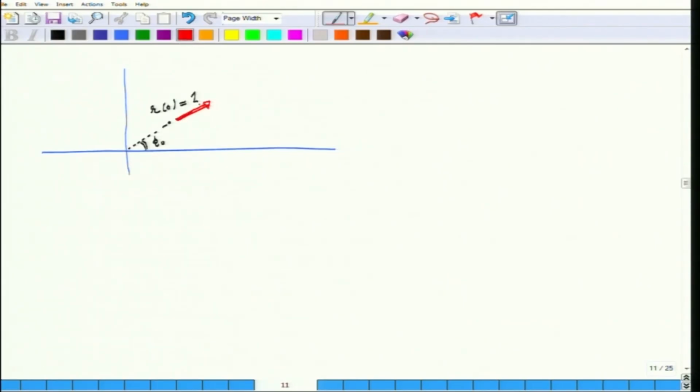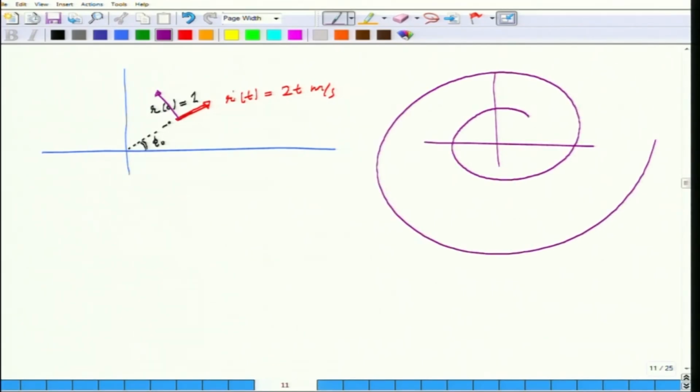It moves out at a speed of r dot(t) equals 2t meters per second. So as time passes, it moves out faster and faster. At the same time, it is moving in the phi direction with a constant angular speed, and therefore the particle will start going out like this. This will be the trajectory.